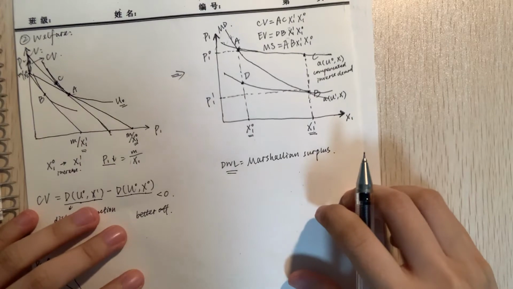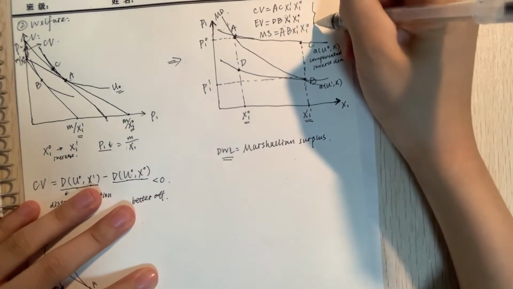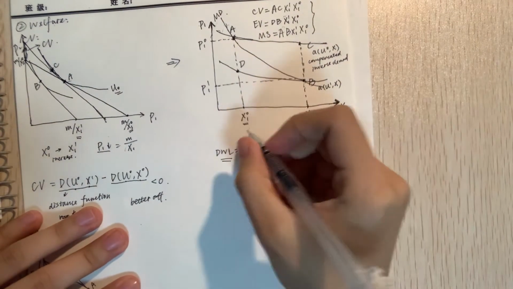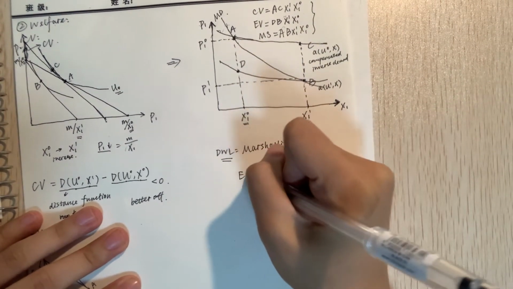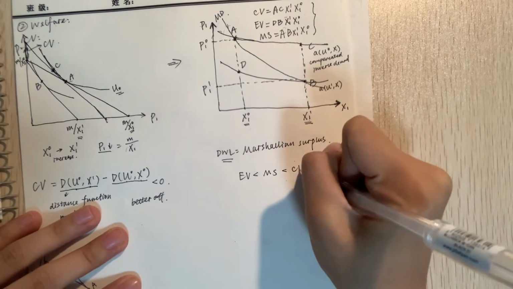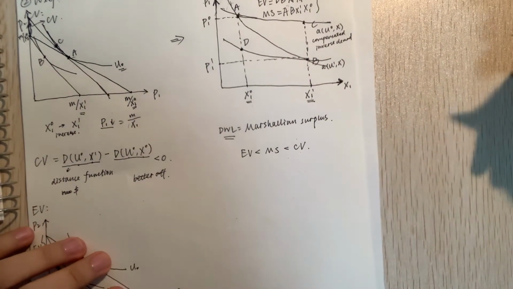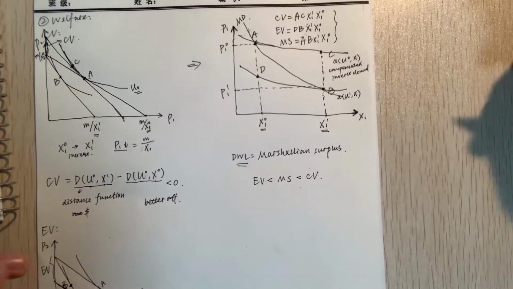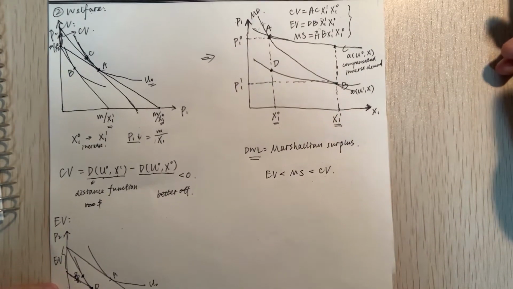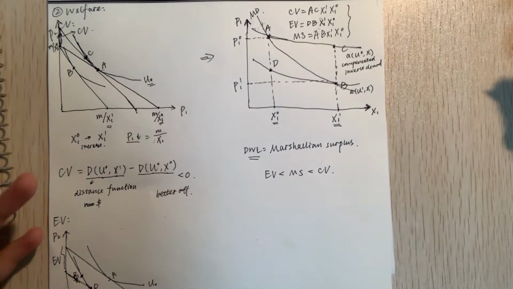Okay, so clearly the comparison of these three measures can be made, which is CV smaller than Marshallian surplus, smaller than EV. Okay, so this is the basic idea of the welfare measures in Kim's paper presented for inverse demand system.